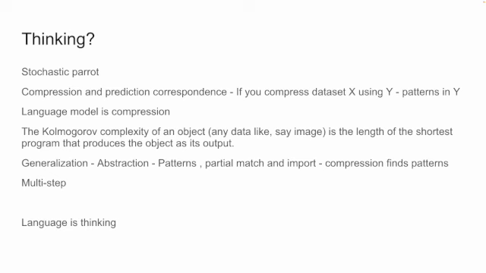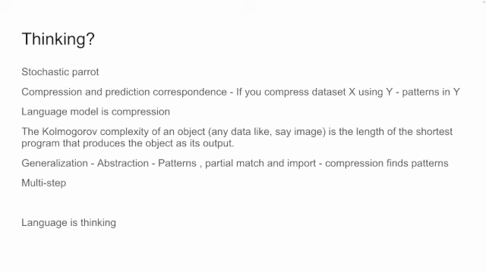So the idea is that if you want to compress, let's say, dataset X using Y, the best compression would try to find patterns in Y and then use those patterns to compress dataset X. To extend it, it is also said that language modeling is basically about compression. So if you can get better and better compression, you've got a better and better language model. You are able to capture all the patterns in that compression.